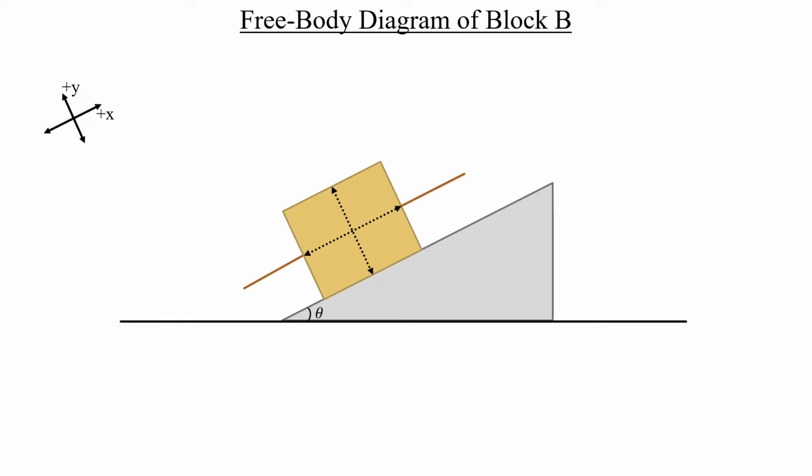It's just that the block is on a ramp this time. You'll find that the vectors are pretty similar here to what we had in block A. There's still a weight vector for block B pointing straight down, and a normal vector, except now it's pointing perpendicular to the ramp. But what about in the other direction, in the x direction?